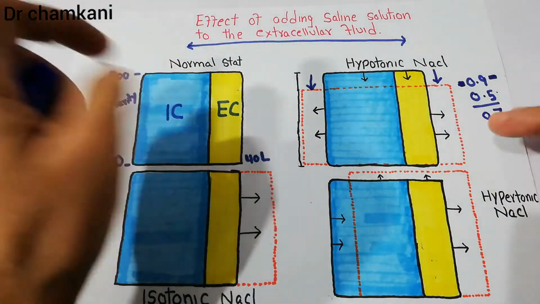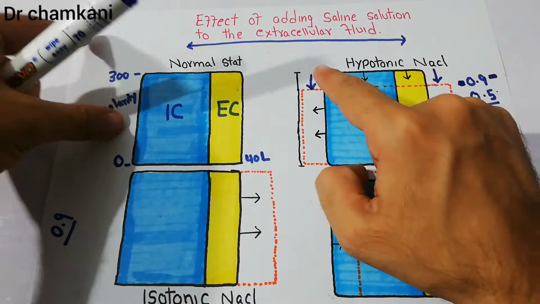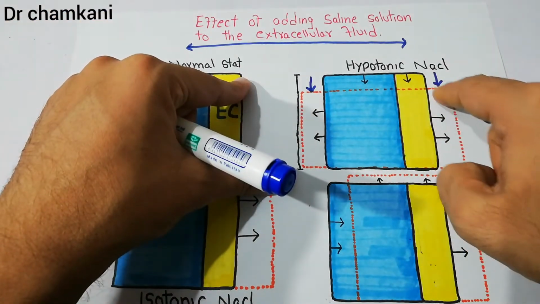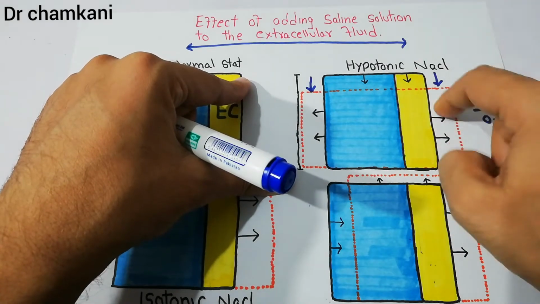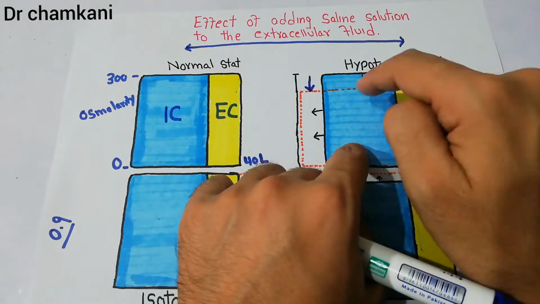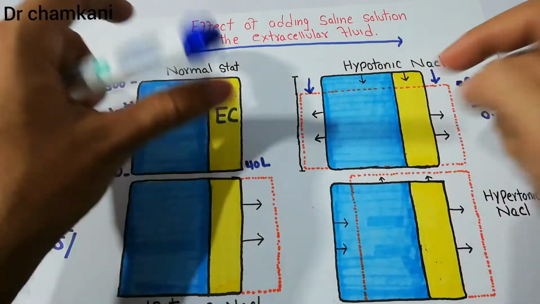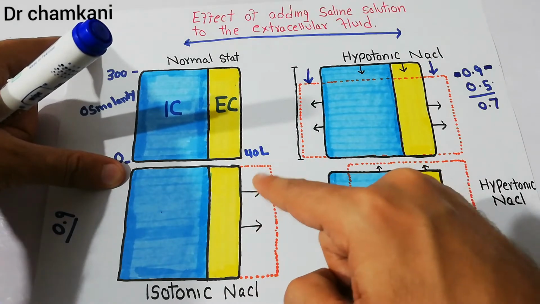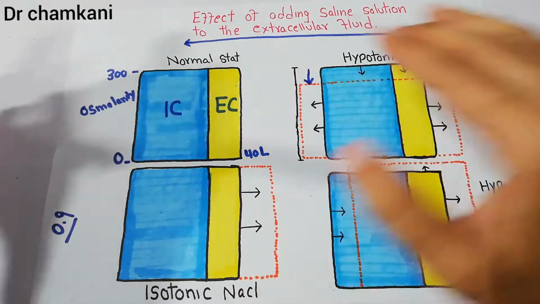Just as an example, you see there is a decrease in the osmolarity, and this fluid initially will increase the extracellular fluid, but after some time some of this fluid will go inside the cells as well, and it will also increase the intracellular fluid. So the effect of adding the isotonic fluid to the body was just an increase in the extracellular fluid, nothing else.